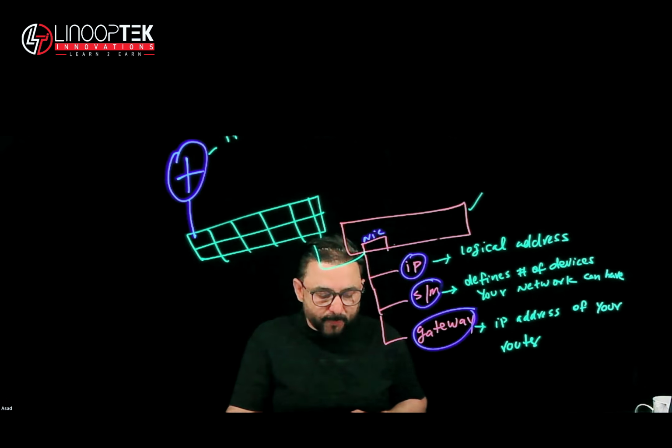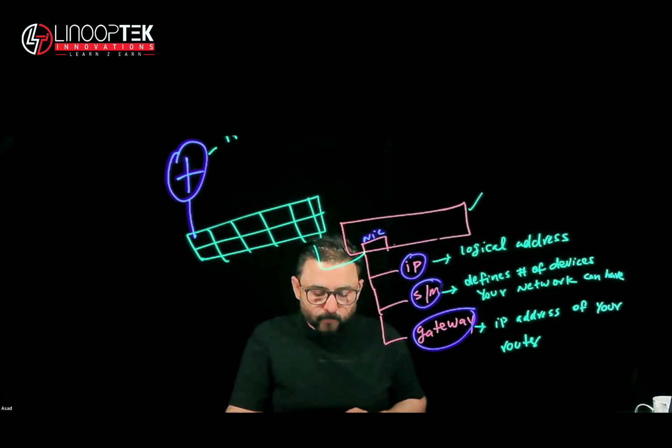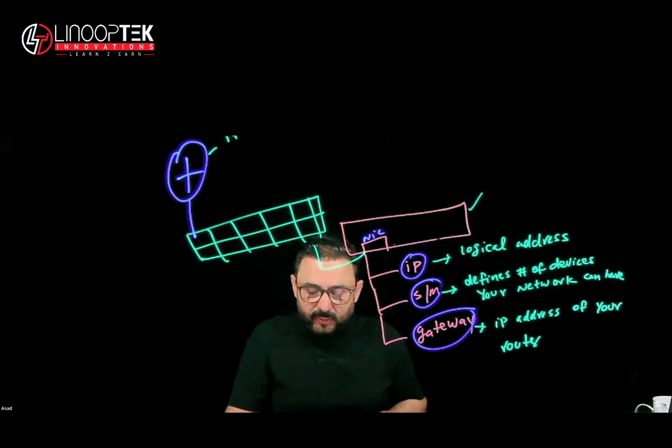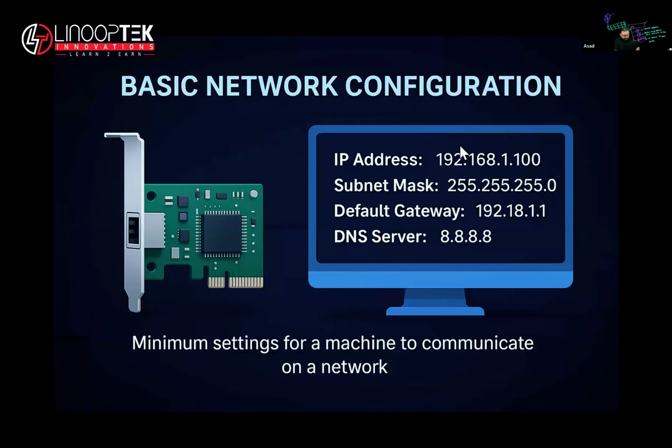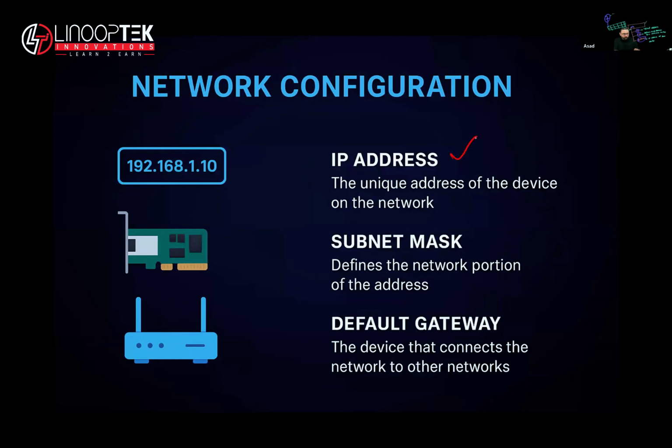So now if I go back to this slide, we will see if we understand all of these things over here. Again, the IP address, where's my pen? Right here. The IP address is the logical, unique address of the device.